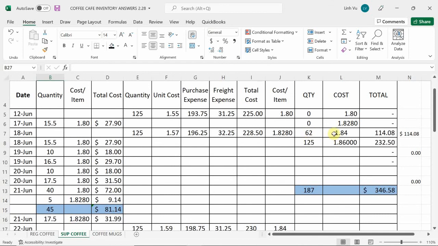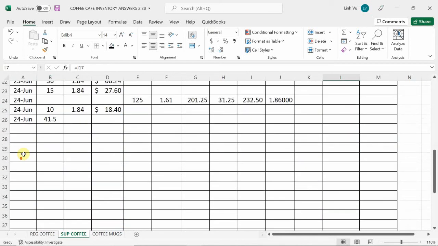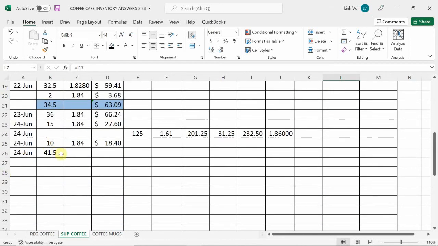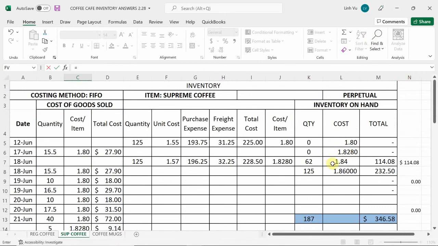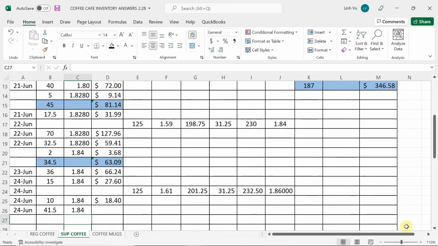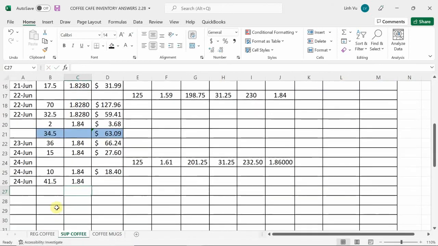Okay, so that means it's going to cost me $1.84 for this batch of inventory that I used. Okay. So in this case, I need to calculate 41.5 pounds at $1.84, and that should give me $76.36.